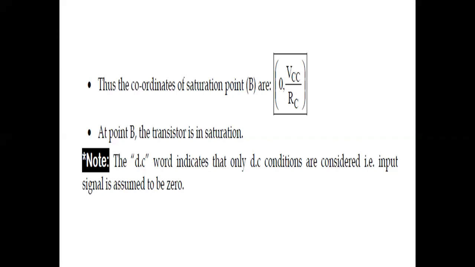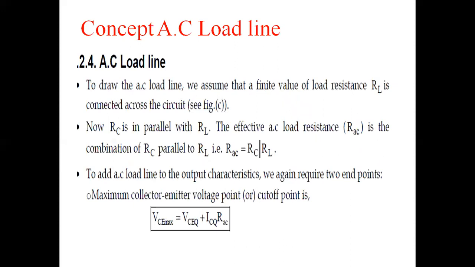Only by considering DC values in the circuit do we get these coordinate values. That's why we join these 2 points A and B. The line joining these 2 points, by considering the DC conditions, we name as the DC load line. Then coming to the next topic, the concept of the AC load line.